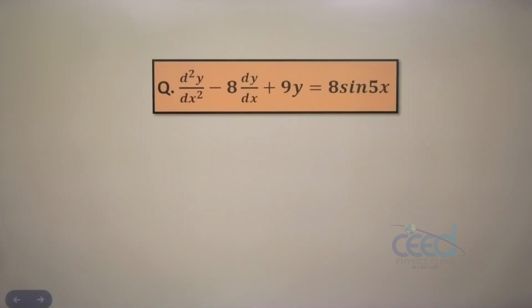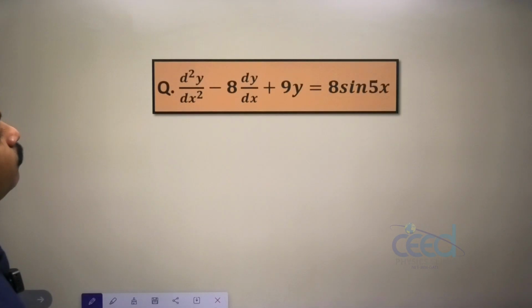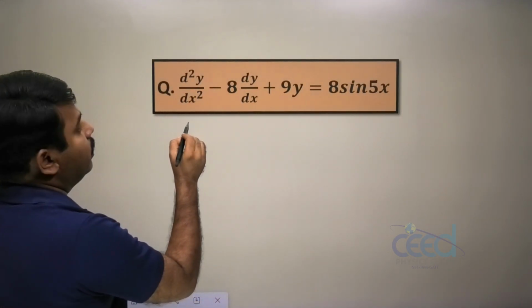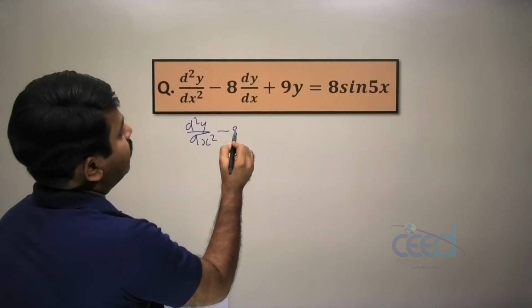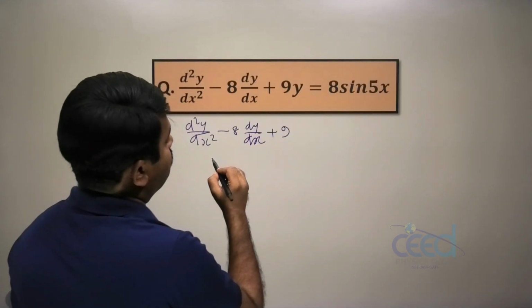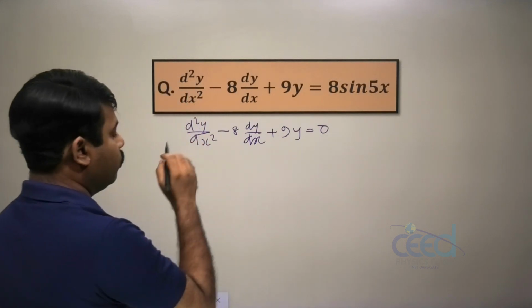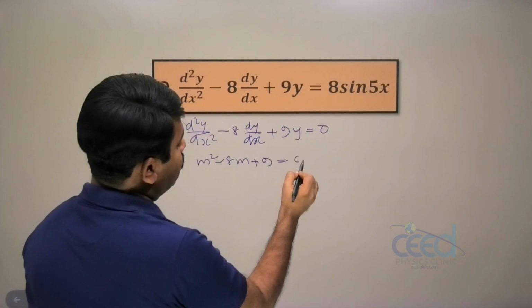See here, what you have to write is d square y by dx square minus 8 dy by dx plus 9 y equal to 0. First find the auxiliary equation. Then m square minus 8m plus 9 is equal to 0.